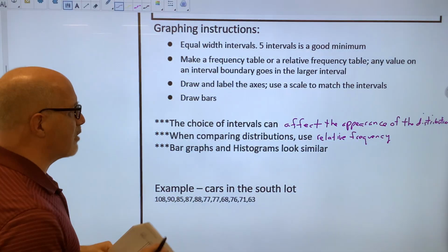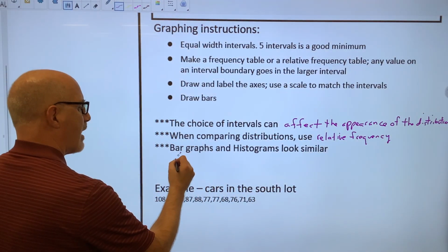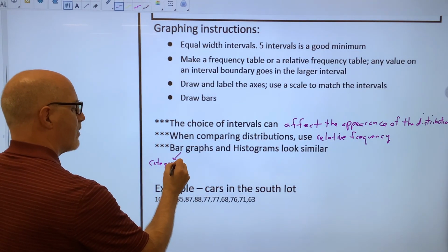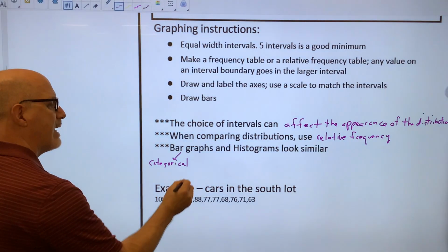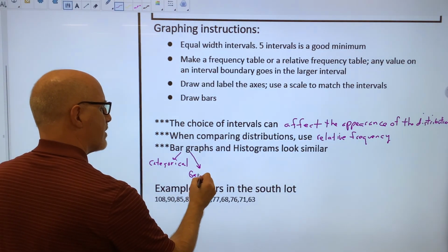And then lastly here, bar graphs and histograms look similar. Just remember, a bar graph is for categorical data, and also it has gaps between bars.